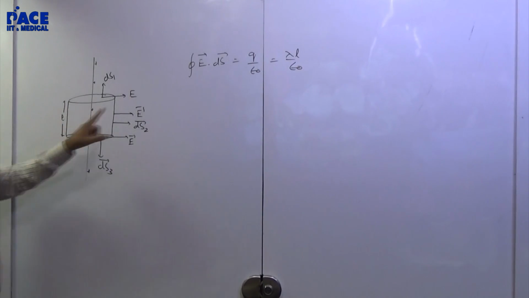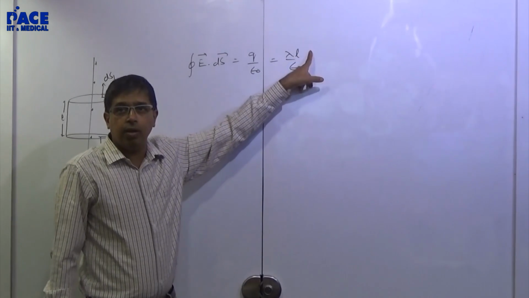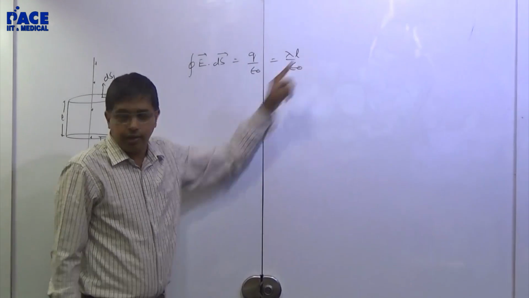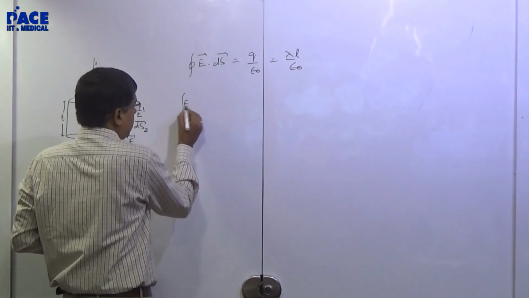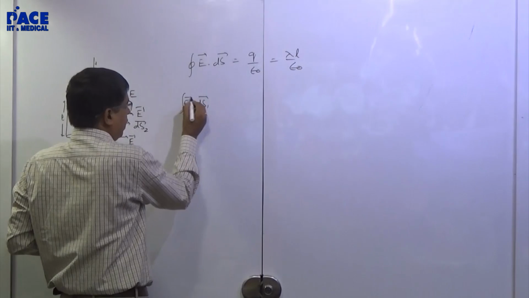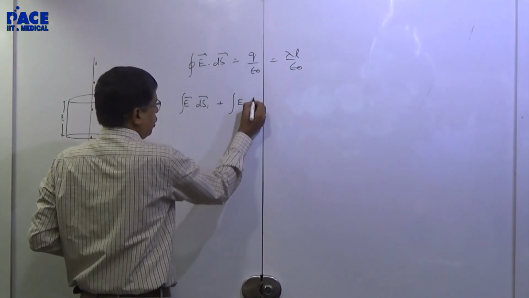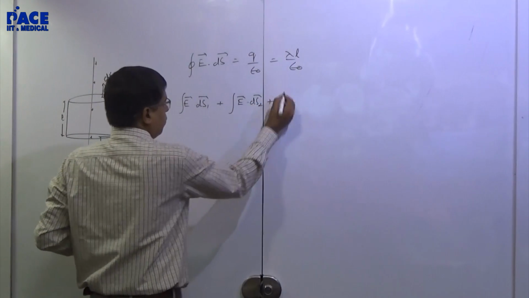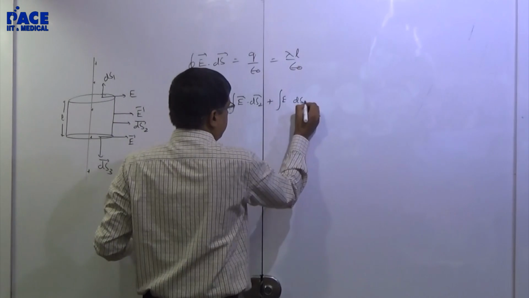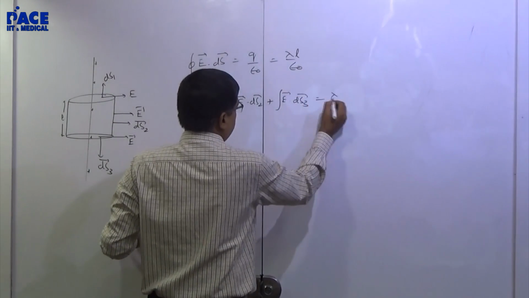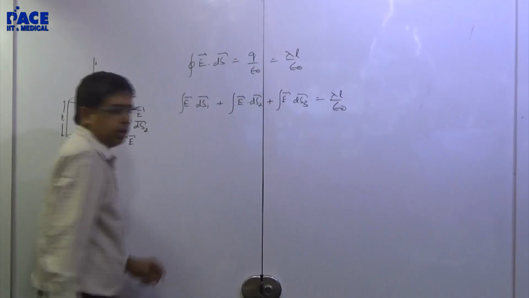What is the charge enclosed inside? Lambda L will be the charge enclosed inside. So E dot ds1 plus E dot ds2 plus E dot ds3 will be equal to lambda L by epsilon naught. Yes or no?